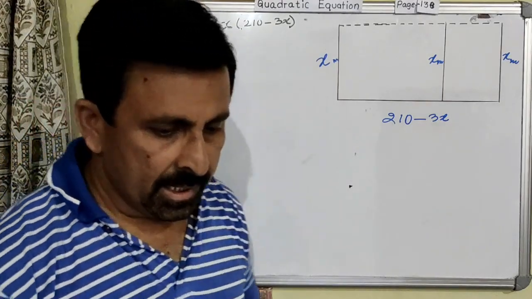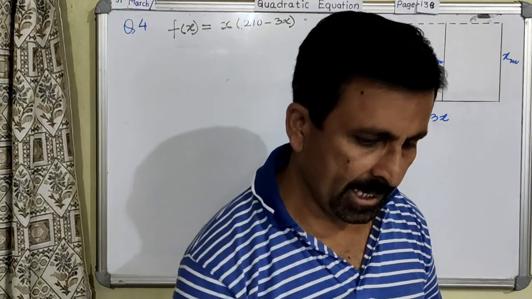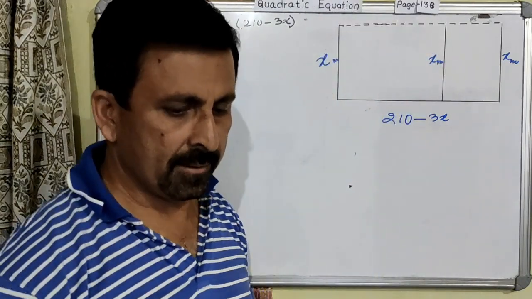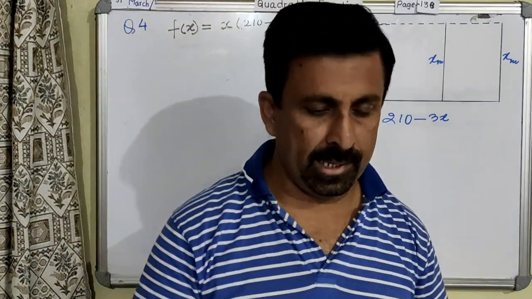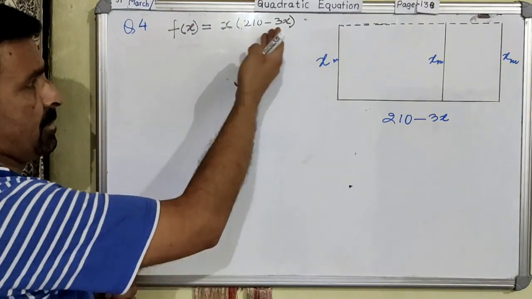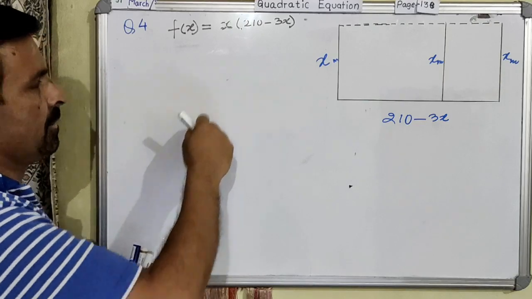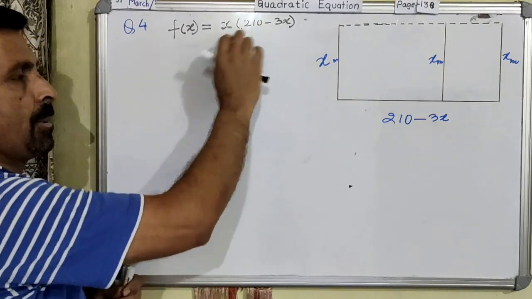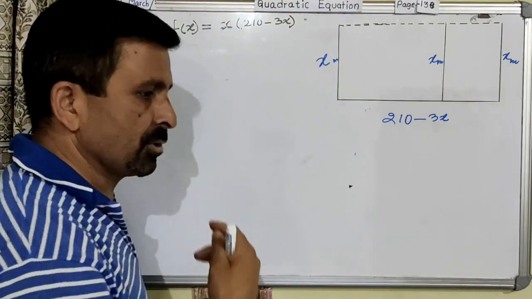Now we got this function. The next part of the question, this was your part A, is to determine the width. You have to find the width that will result in the maximum area, right? Because our function is in factored form, whenever you see a quadratic equation in factored form, immediately go for all three steps.